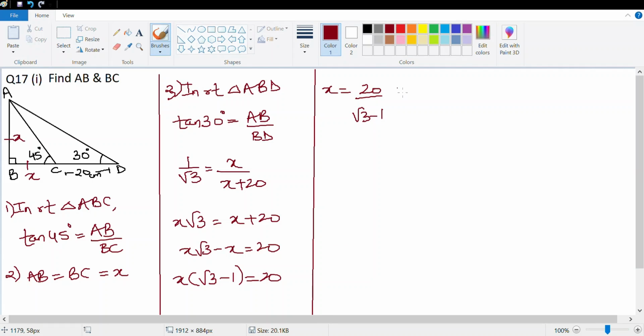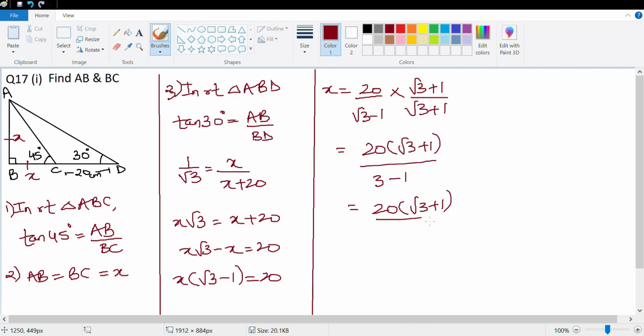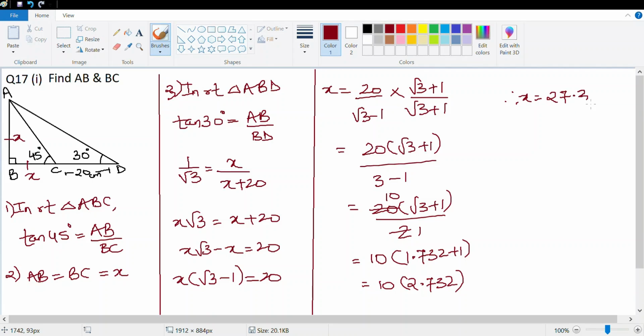Let's rationalize this, multiply it and divide it by root 3 plus 1. So this becomes 20 times root 3 plus 1 upon x square minus y square, in this case 3 minus 1, so that's 20 times root 3 plus 1 upon 2, that's 2 1 2, 10, so this is 10 times 1.732 plus 1, which is 10 times 2.732, therefore x is equal to 27.32 centimeter.